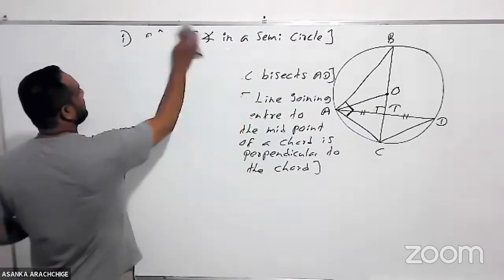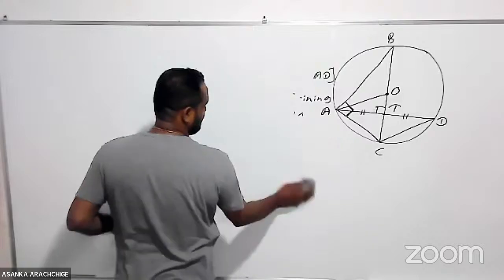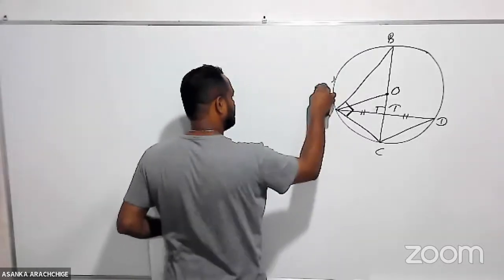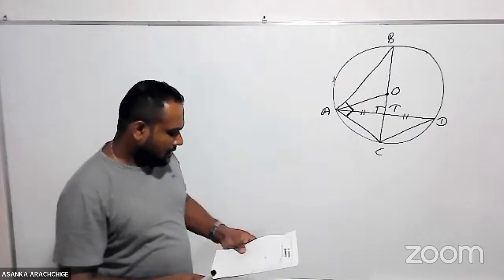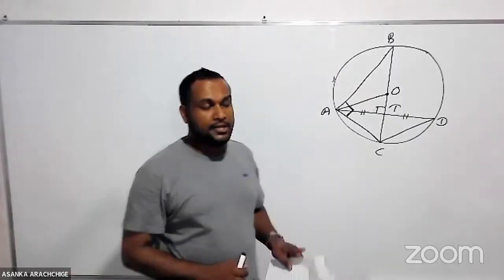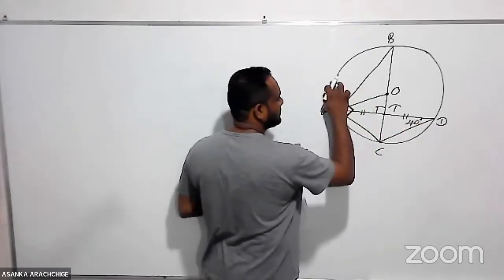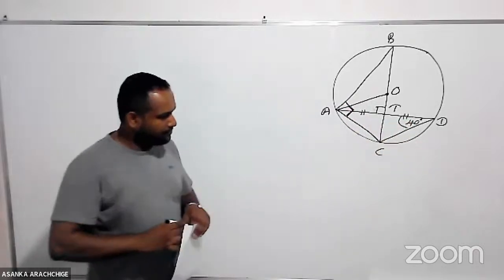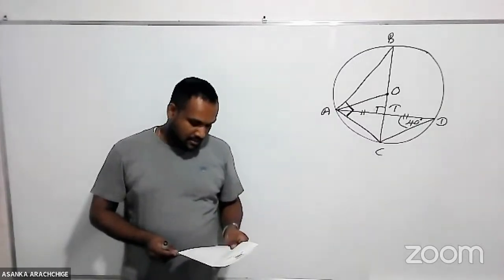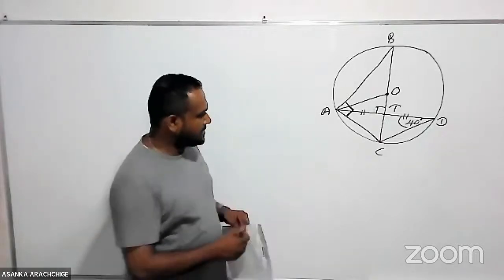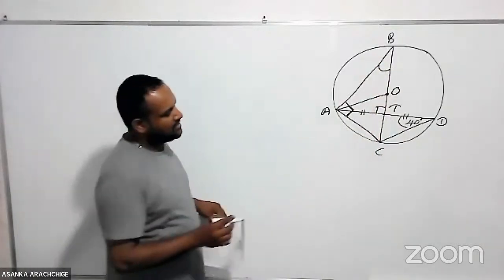Right. You better write only one. Then part B. If angle ADC is 40 degrees, this is given to be 40 degrees, find the magnitudes of the following angles, giving reasons for your answers. First, ABC.